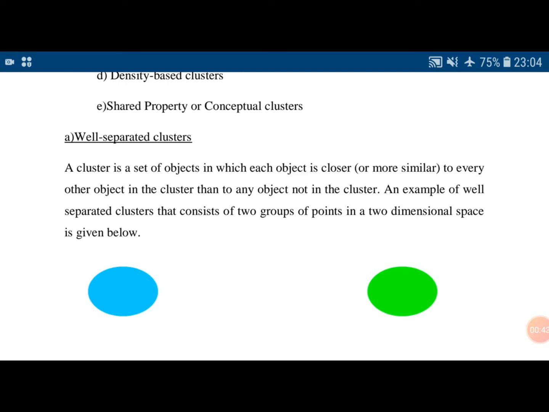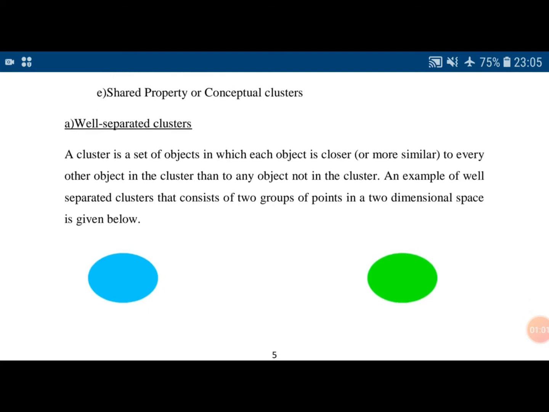Well separated clusters is nothing but the data can be divided into different clusters based on the distance as a measurement. So the data can be divided into groups based on the distance. One cluster having some elements, the elements within the cluster are nearer than the elements of the other cluster.